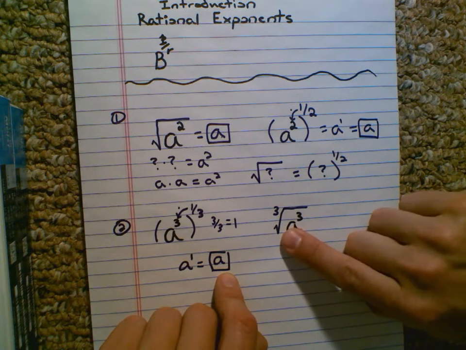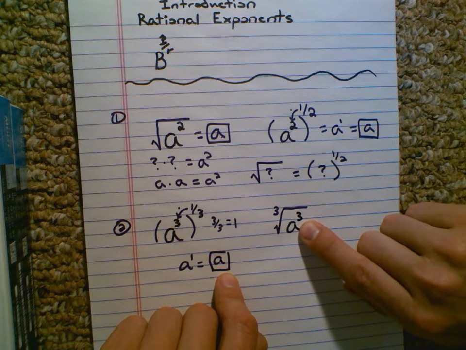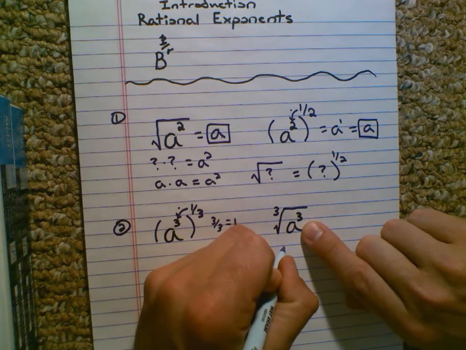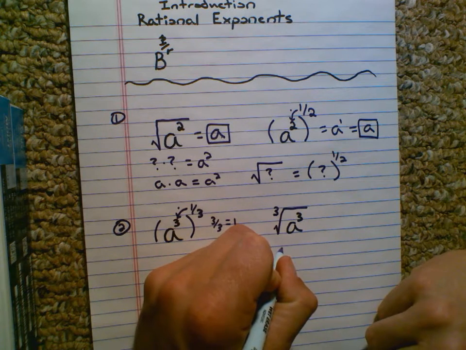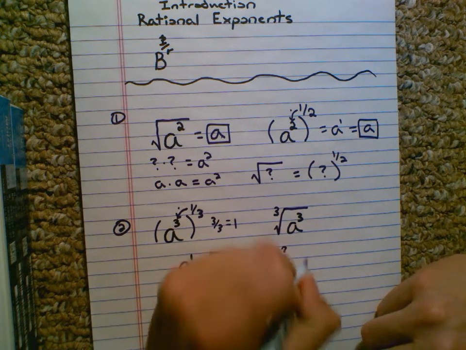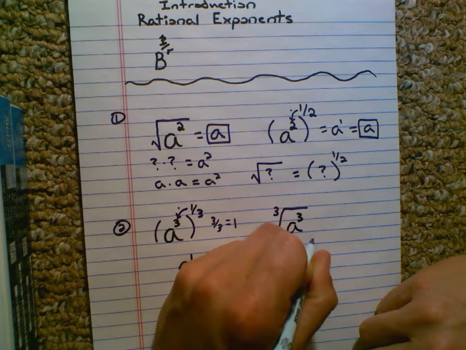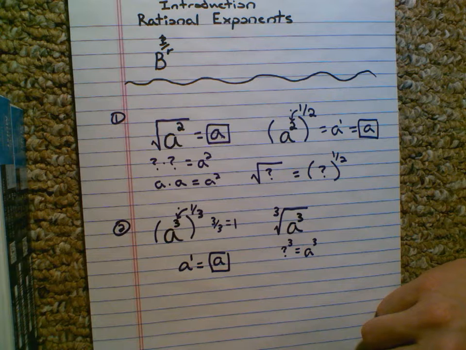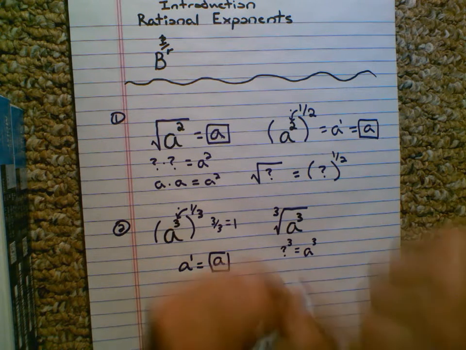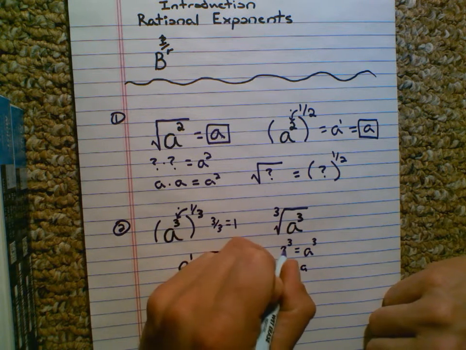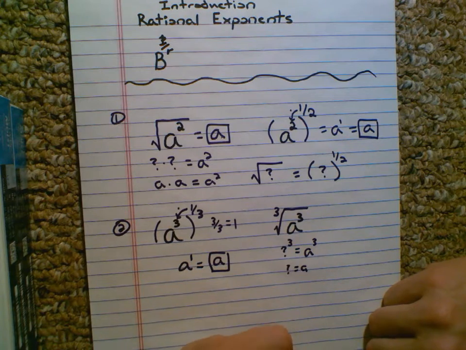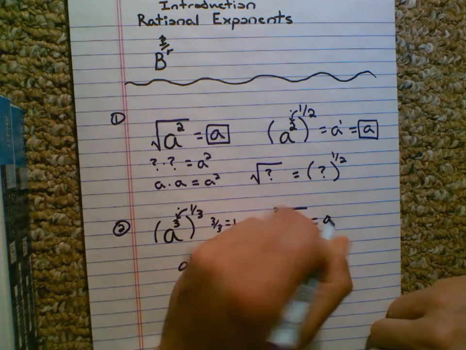When I take the third root of a to the third, I'm asking myself what number or what letter variable when raised to the third power will give me a to the third. Well, it's got to be a. The question mark equals a, right? A to the third equals a to the third. So this expression will be a as well.